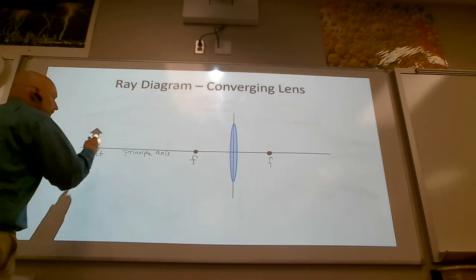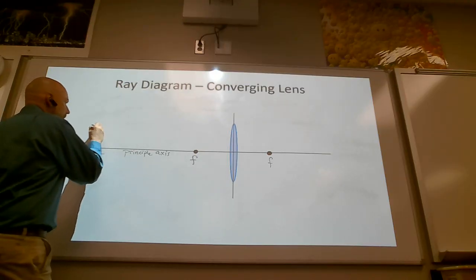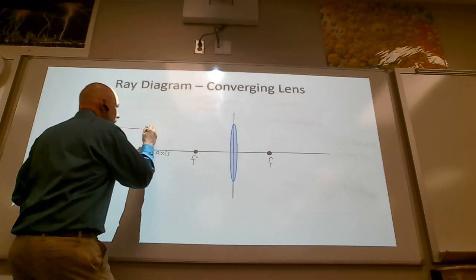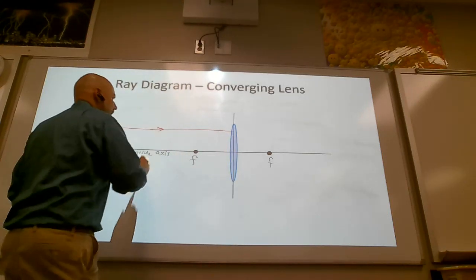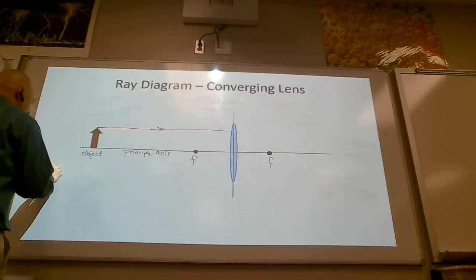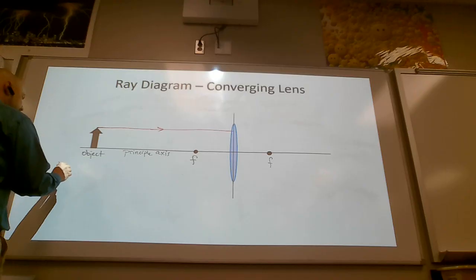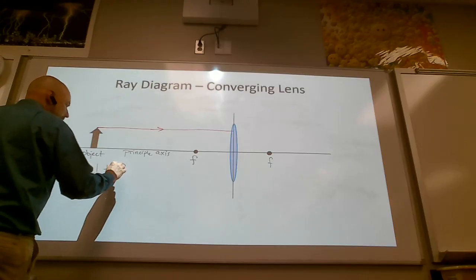Okay, the first one, we're going to start at the top, always start at the top of the object, and we're going to go parallel to the principal axis. Having a straight edge would be beneficial. Okay? So the first one is parallel to the principal axis.